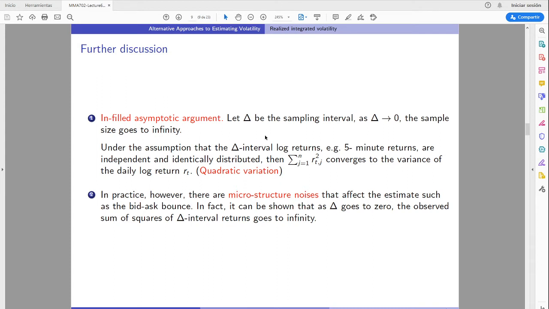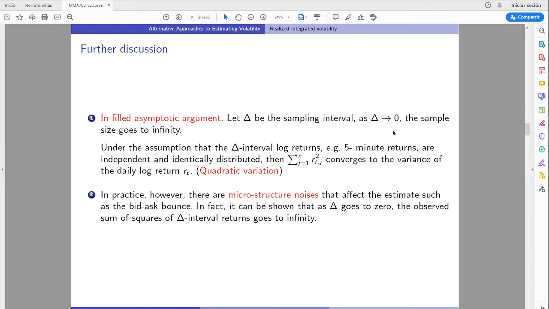Now, somebody could be wondering why a smaller delta provides a bigger sample size. In this case, let's figure out the 5-minute returns. Instead of taking one daily return, we take one return every 5 minutes. That gives us 288 estimates each day.